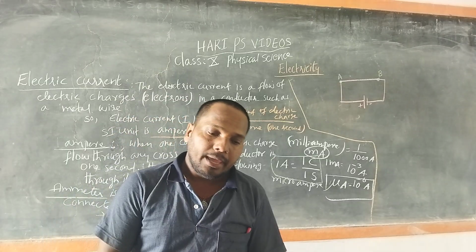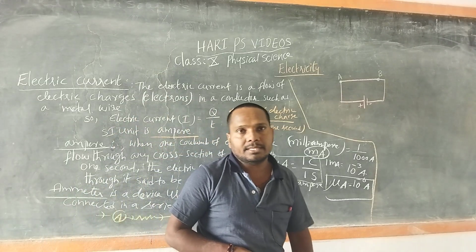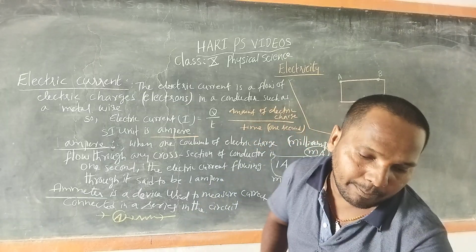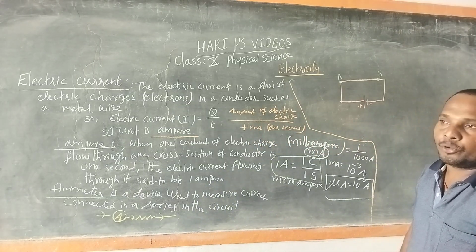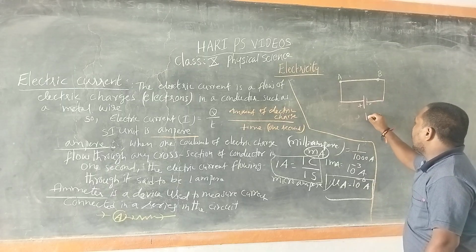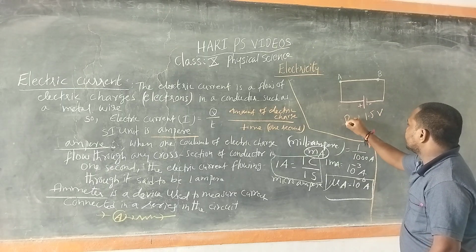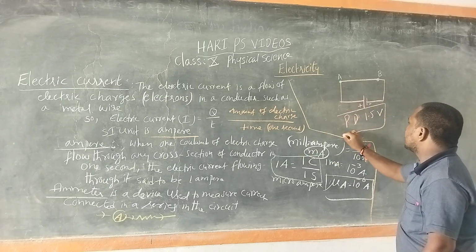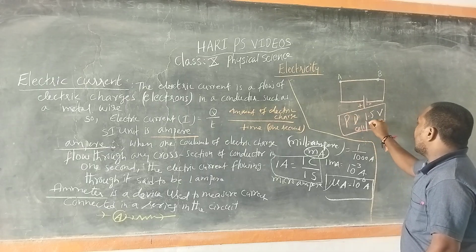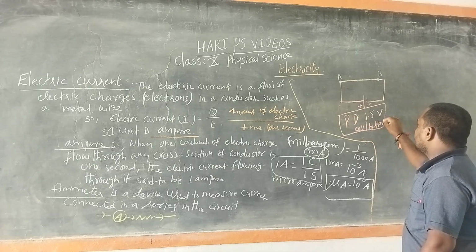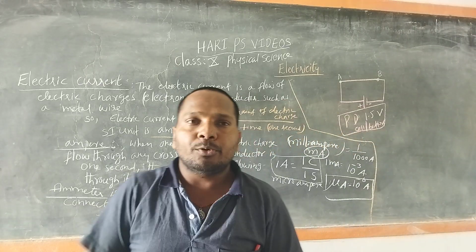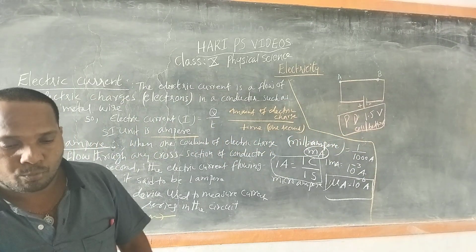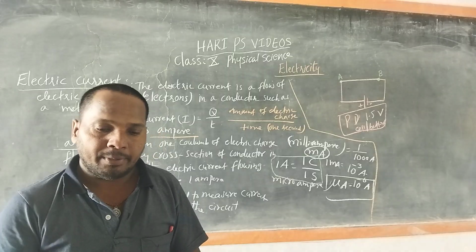For example, a single dry cell or a battery has a potential difference of 1.5 volts between the two terminals.